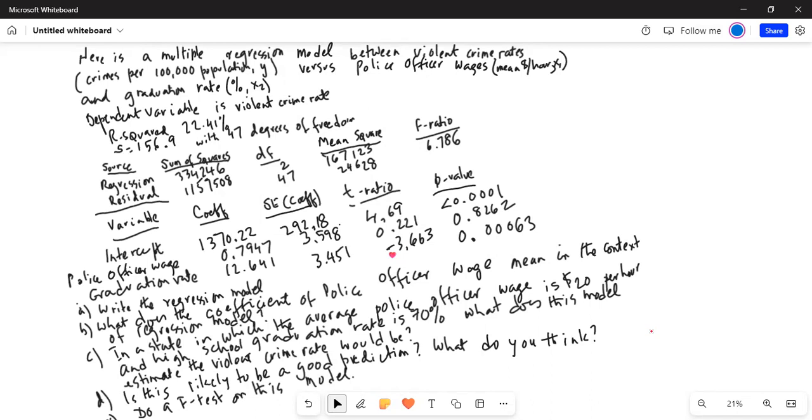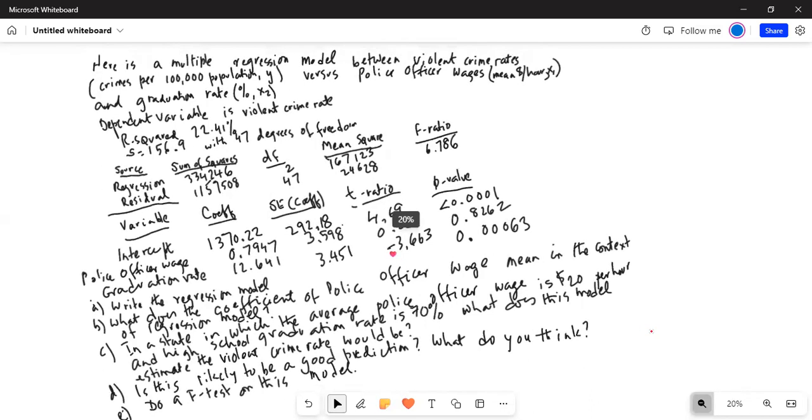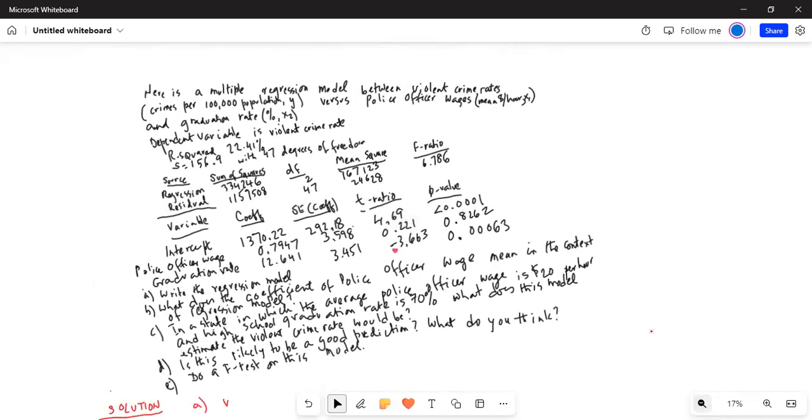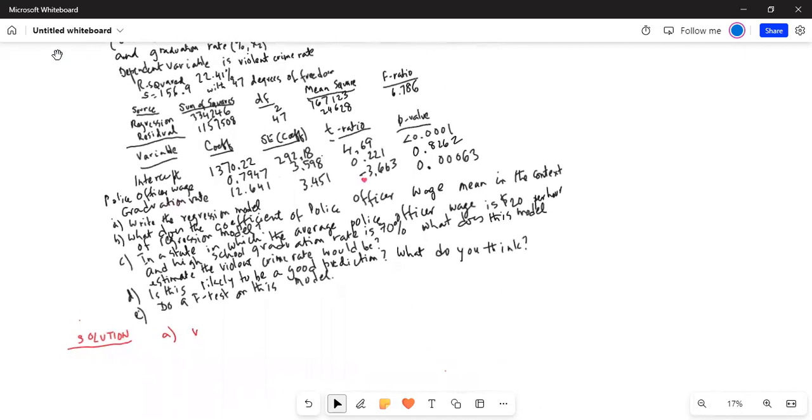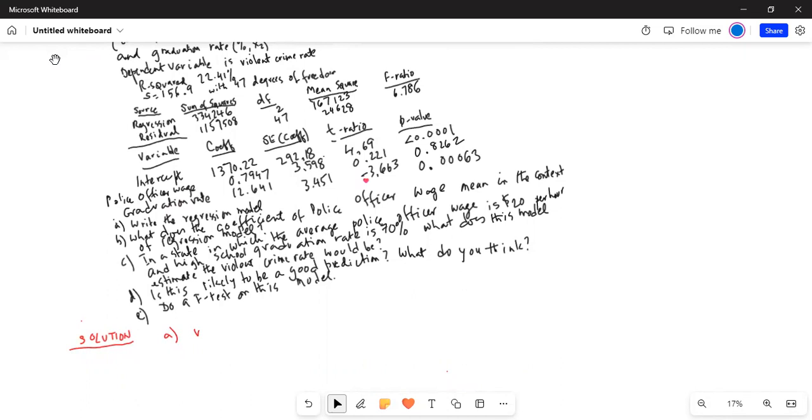So I will create some space by reducing this, and I will move this up a little bit. So my solution, first part A, is the regression model. That is predicted violent crime per 100,000 population.